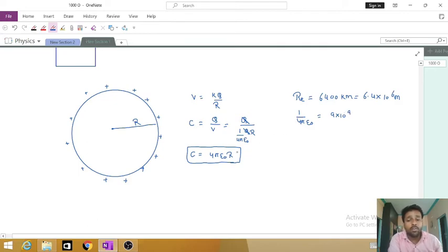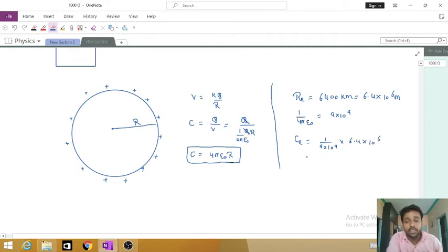Now we will put all these values in the formula. Let's check how much we get. Ce is equal to 4 pi epsilon naught into R, so the value becomes 1 upon 9 into 10 power 9, into R, which is 6.4 into 10 power 6.